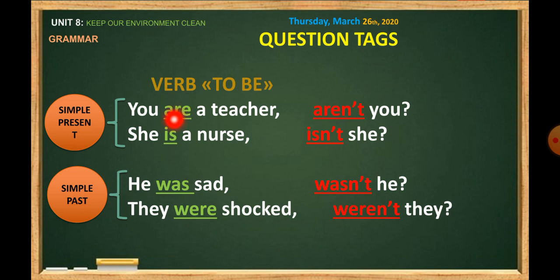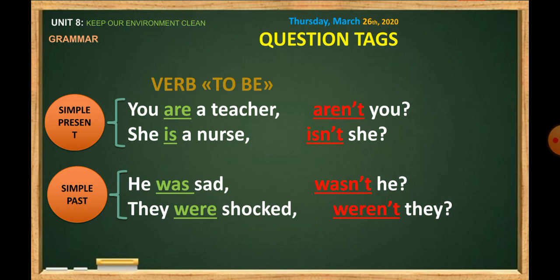Here we have are, the same verb we use here, but the rule says that if the statement is positive, the question tag must be negative. So we started with negative question tags. Okay? And we started with verb to be. As we can see, we have you and here we have you. It's easy. Are, aren't. Okay? Good. That's for the plural, or singular when you use are. Okay?